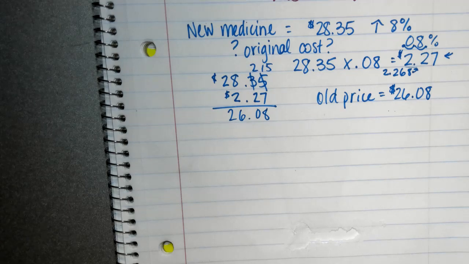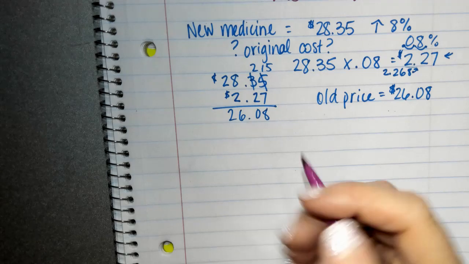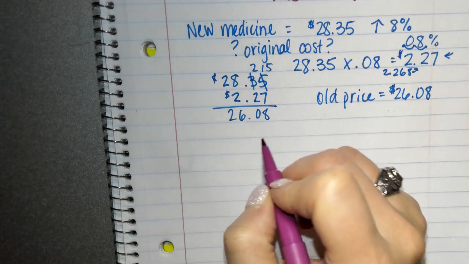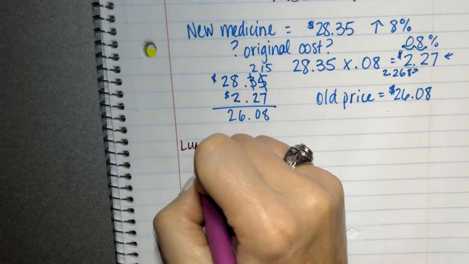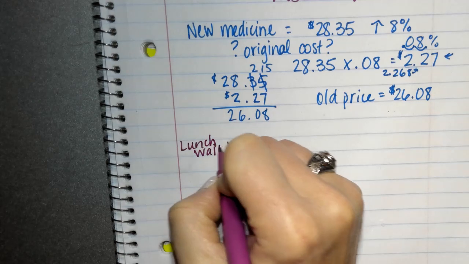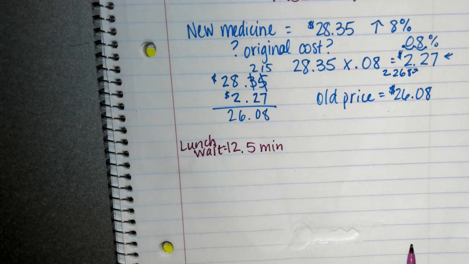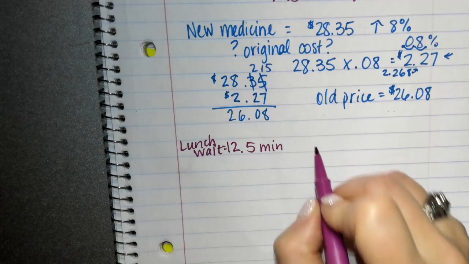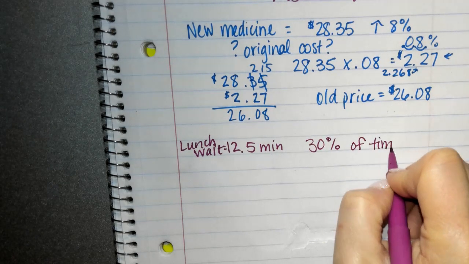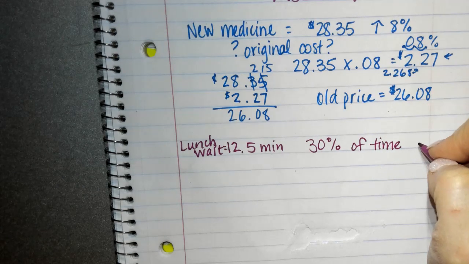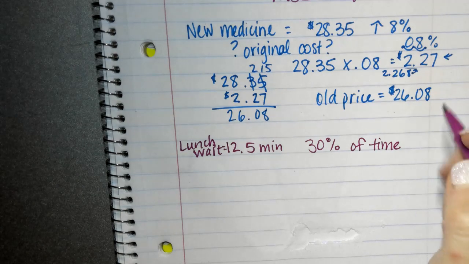Let's see here. If you had to wait in line at lunch for 12.5 minutes, your lunch wait was 12.5 minutes in the line, and 30% of your time was before you get to the door.